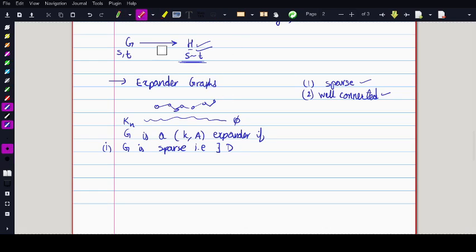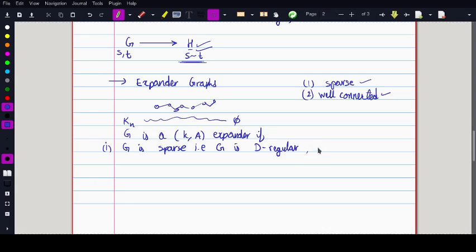So basically the graph G is d-regular, and we generally want d to be a small number. In fact we define families of expander graphs, and we want that in the families of expander graphs d has constant size.